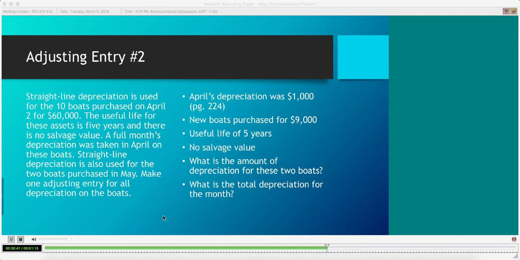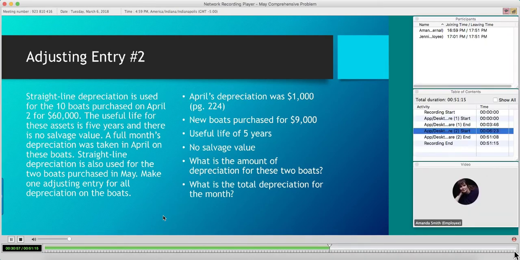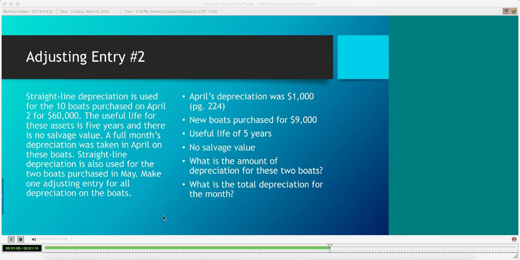The useful life of those assets is 5 years, and there's no salvage value. So we took a full month in April, which is $1,000. Straight line depreciation is also used for the 2 boats purchased in May. So you're only going to make one adjusting entry for the entire boats. So for 12 boats.